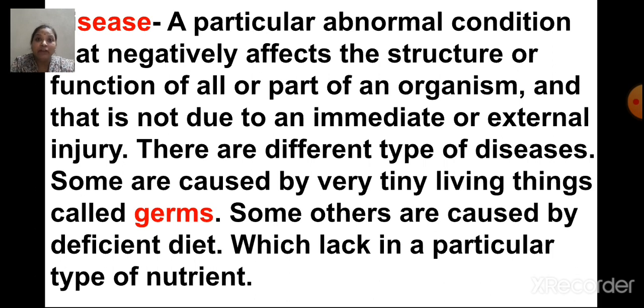So that virus becomes the causal organism for that disease. Some others are caused by a deficient diet. Deficient diet means a diet which lacks a particular type of nutrient. The diet which may not have one or a few nutrients in it is called a deficient diet.